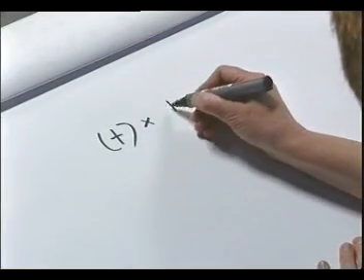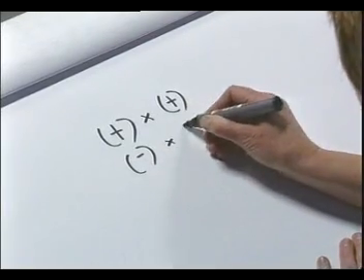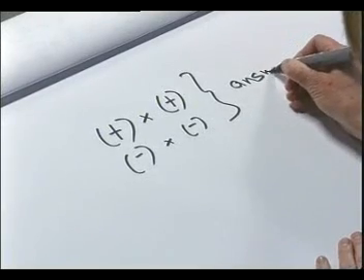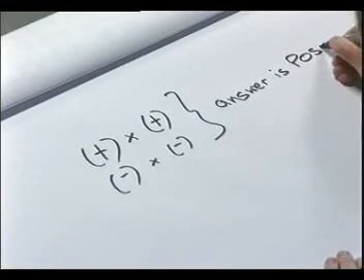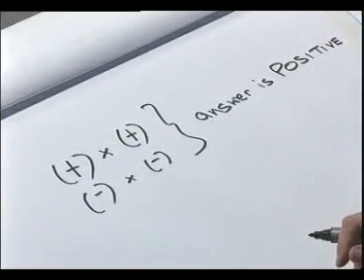I'd like to summarise that bit by, again, using a diagram. When the signs are the same, a positive times by a positive, or a negative times by a negative, the answer is positive. And it's a positive number.